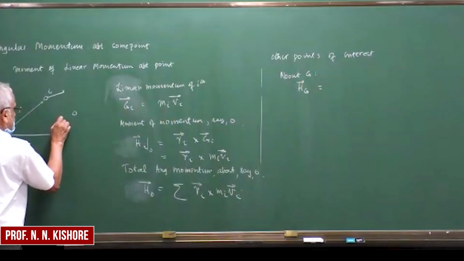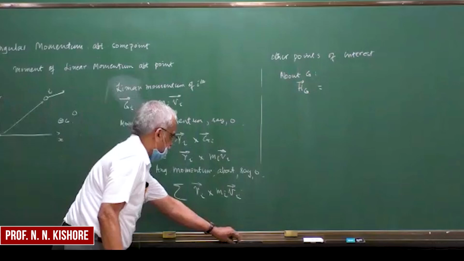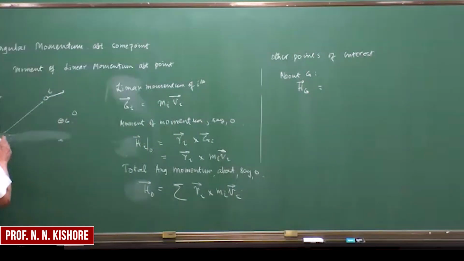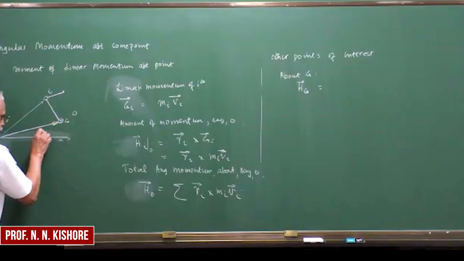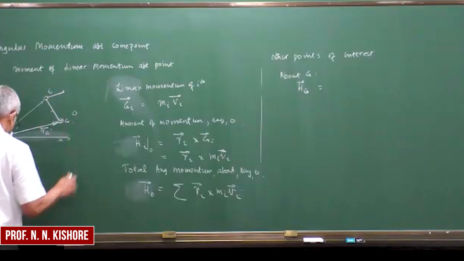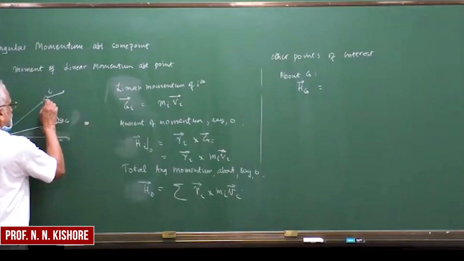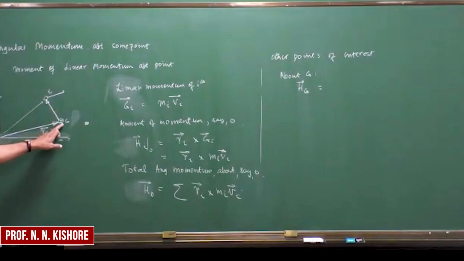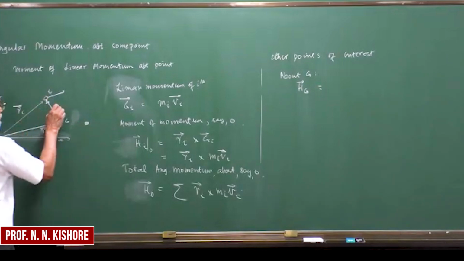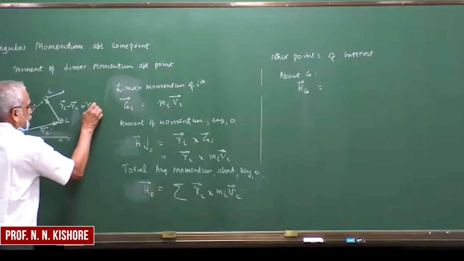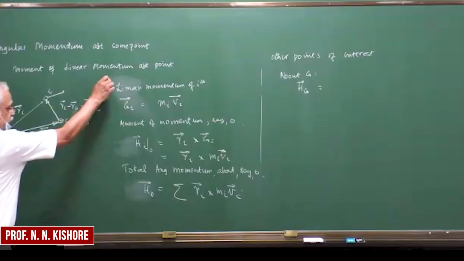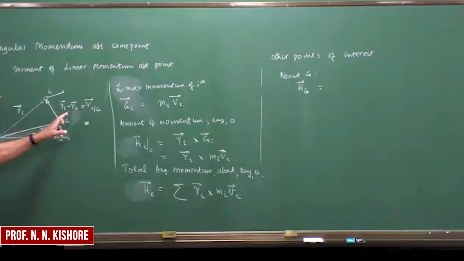If you have a G here, and if this is r_i, then this vector is nothing but r_i minus r_G, which we call the position vector of i relative to G. So this is r_i minus r_G.